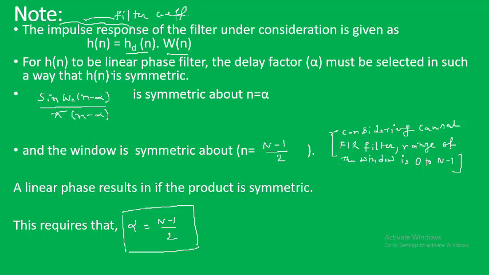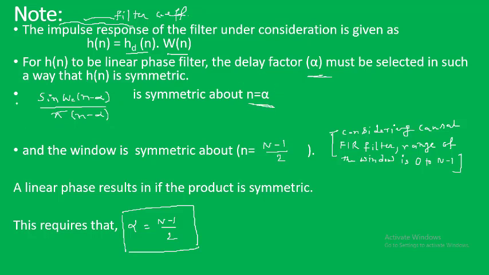So for h of n to be linear phase, alpha is the delay factor, and we need to select this alpha in such a way that we get a symmetric filter. That is the objective of a linear phase filter. So sine omega c n minus alpha divided by pi n minus alpha is symmetric about n equal to alpha.